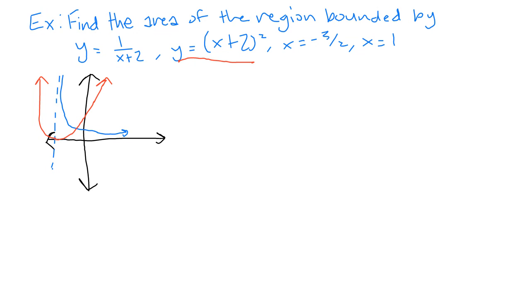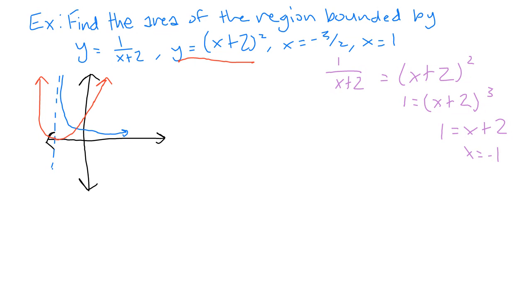So we get 1 over x plus 2 equals x plus 2 squared. If we do a little bit of algebra, we can move that x plus 2 over to get 1 equals x plus 2 cubed. If we take the cube root of both sides, we get 1 equals x plus 2, which will then give us x equals negative 1 as our point of intersection.